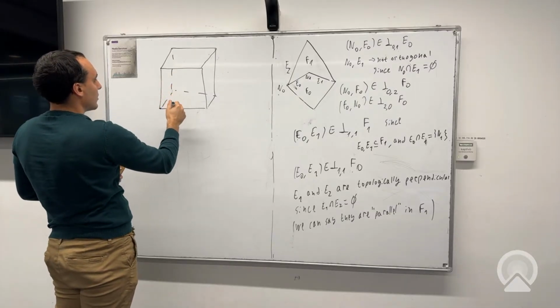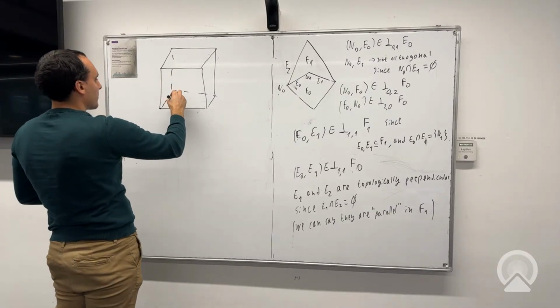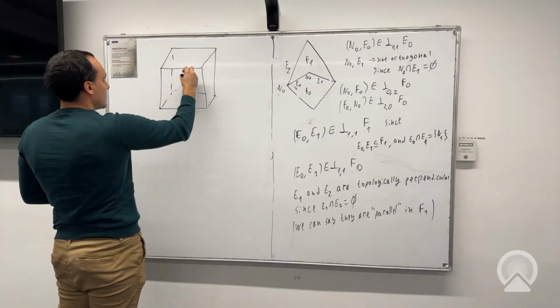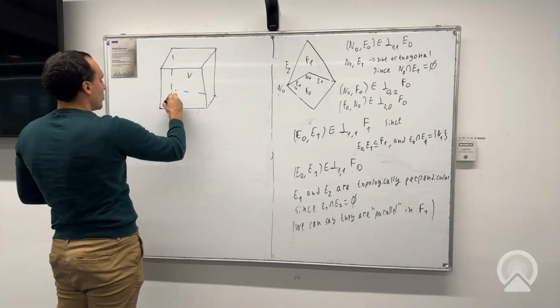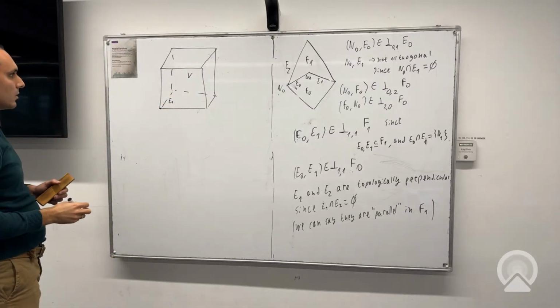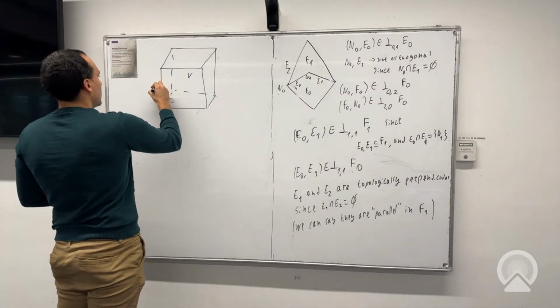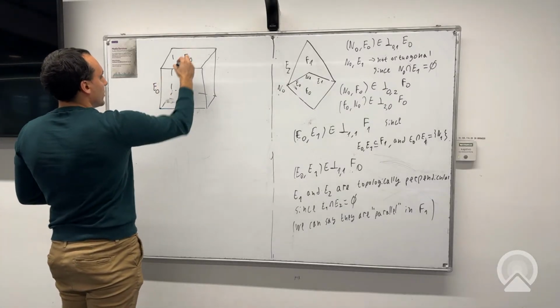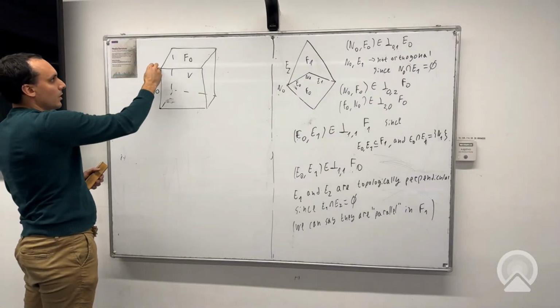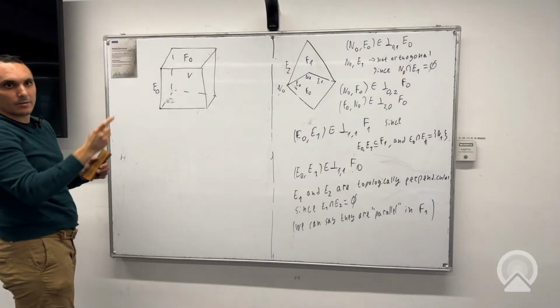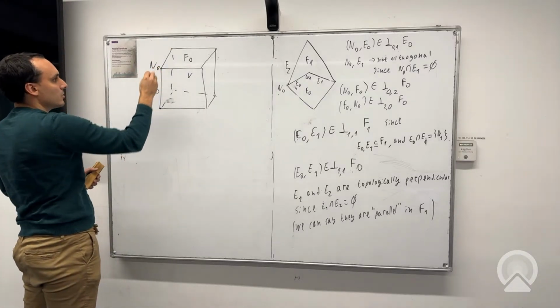This is V, this is E0 and this is F0, for example. And this edge and this face have exactly this intersection.